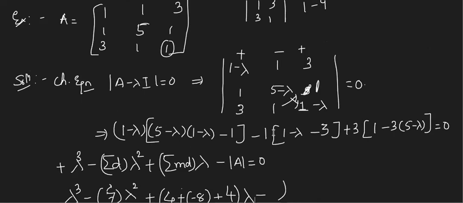I'll send you a video where I have explained how to use matrices with a calculator. For the time being, I'll give you the determinant. For this problem, it is minus 36.